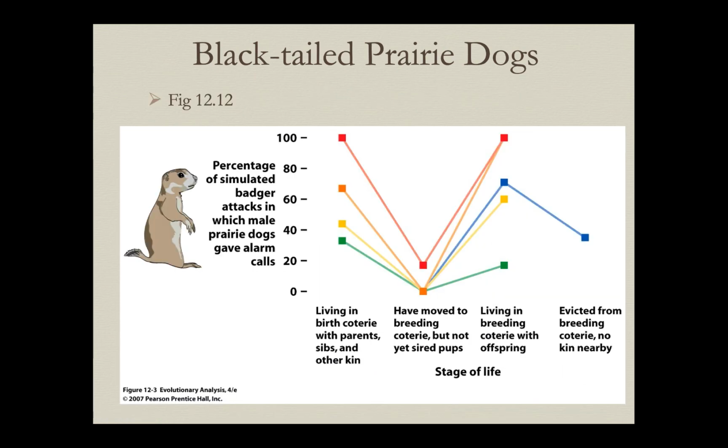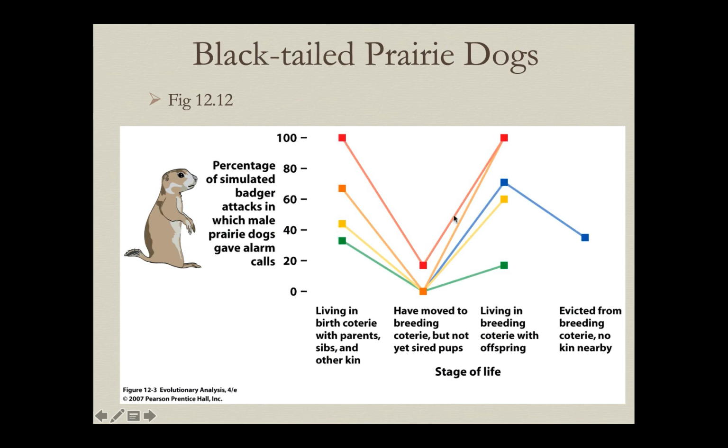Now remember, when we talked about inbreeding avoidance, one of the things that mammals do is males tend to disperse farther than females. Females tend to stay closer to the area in which they were raised. So a dispersing male at different times of his life is going to have a different probability of having close relatives nearby. When a male is young and still living in the birth coterie, the colony in which he was born, he has parents and siblings nearby and potentially other kin.